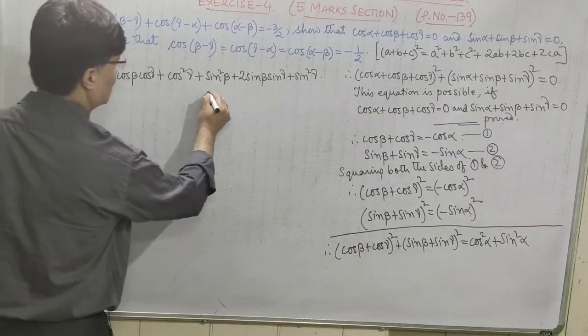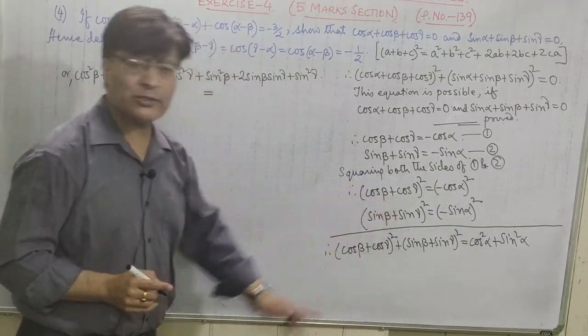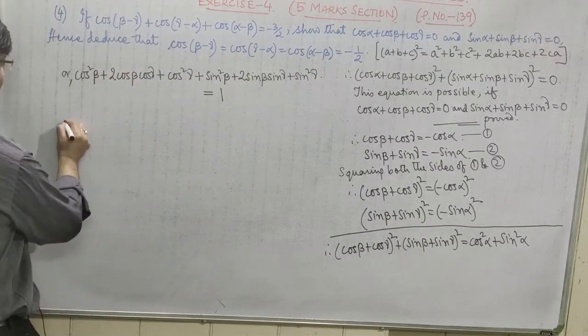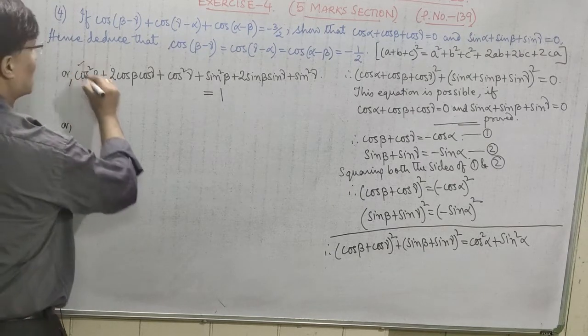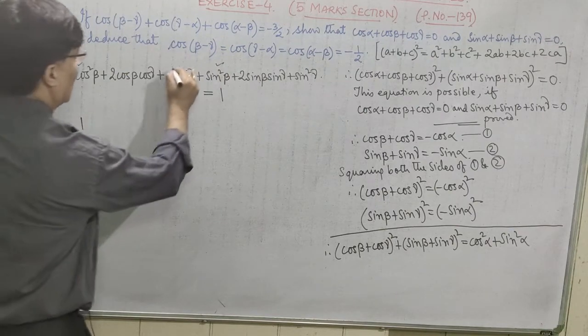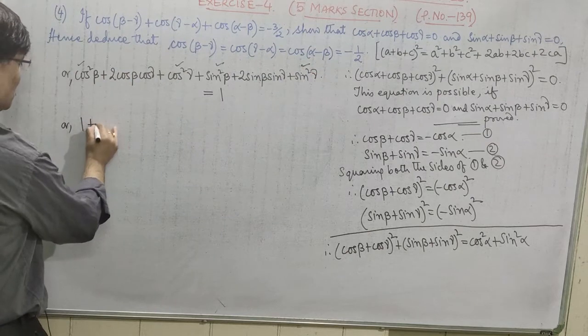This is your left hand side, which is equal to, now on the right hand side there is cos square alpha plus sine square alpha, which is equal to 1. Now let us simplify it further. What is cos square beta plus sine square beta? That is 1. And what is cos square gamma plus sine square gamma? That is also 1.